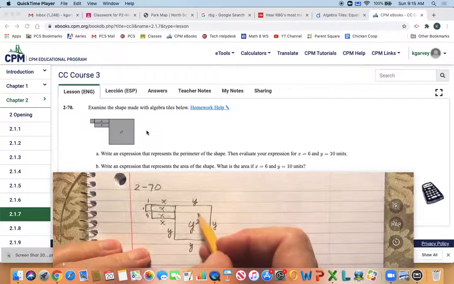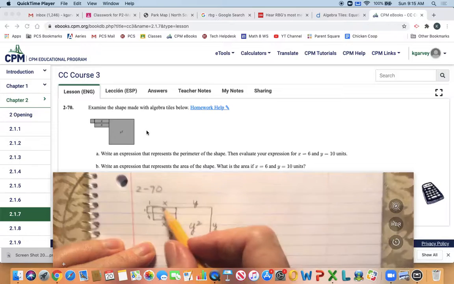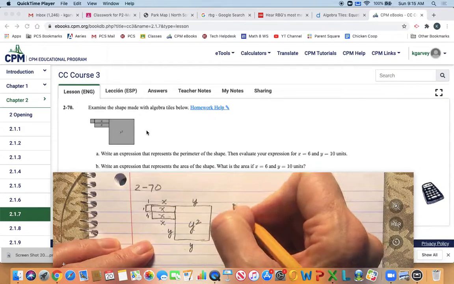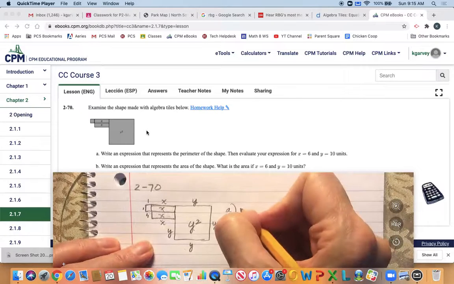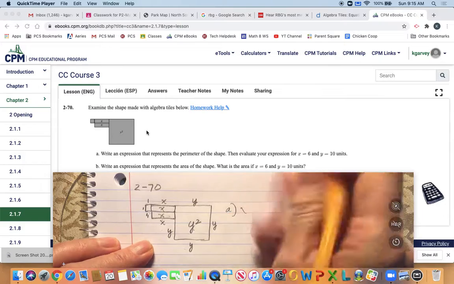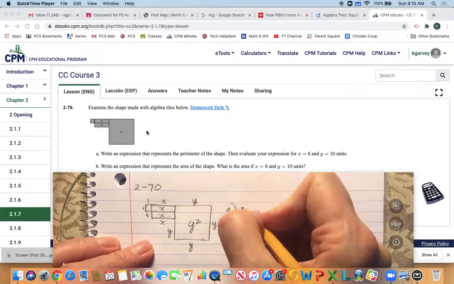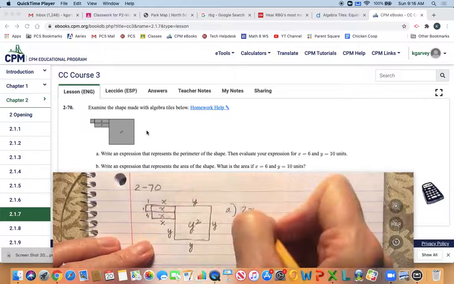So I'm going to start with the X's, actually. So I'm going to write X. So, sorry, there are 2 X's. So I'm going to write 2X, because X plus X is 2X.